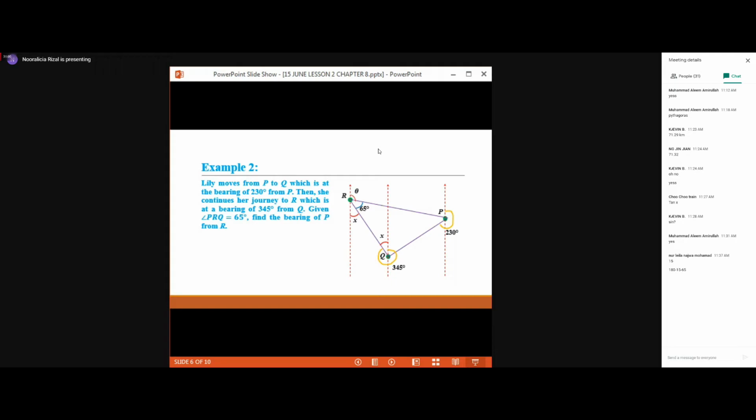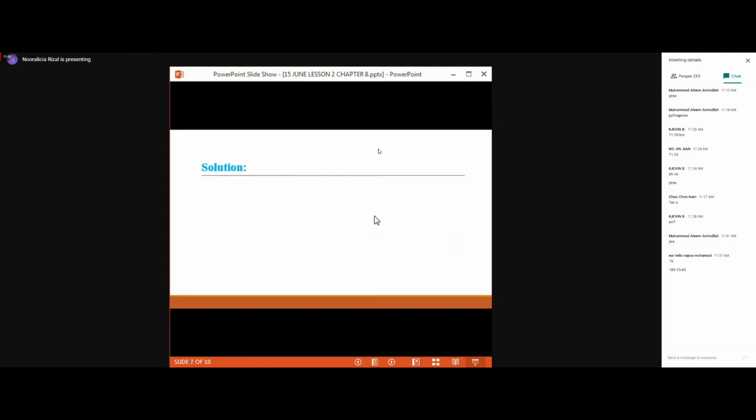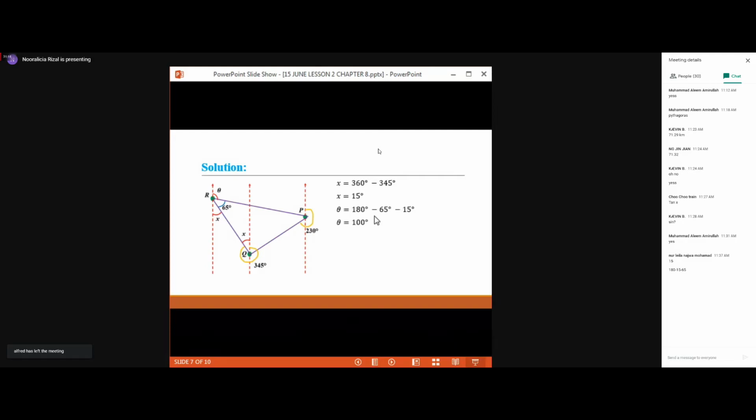So yes, you use the semicircle concept. 180 minus 15 minus 65. Good. So the answer is 100. So the bearing of P from R is 100 degrees.